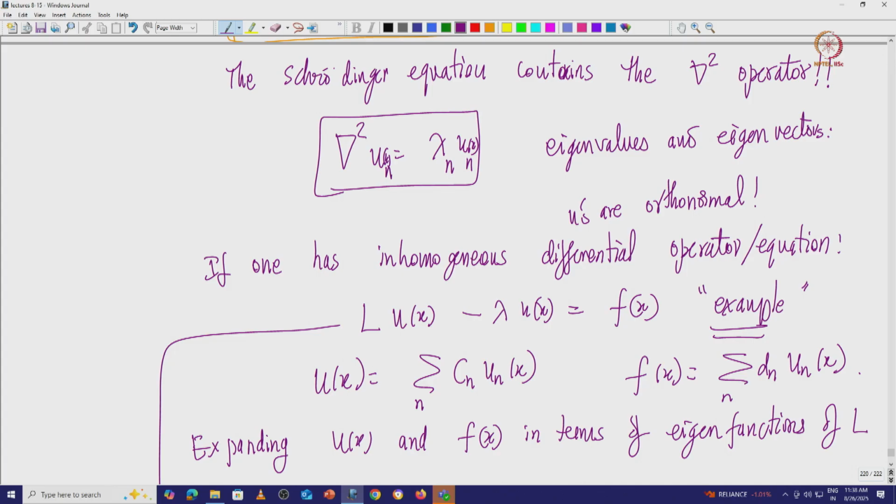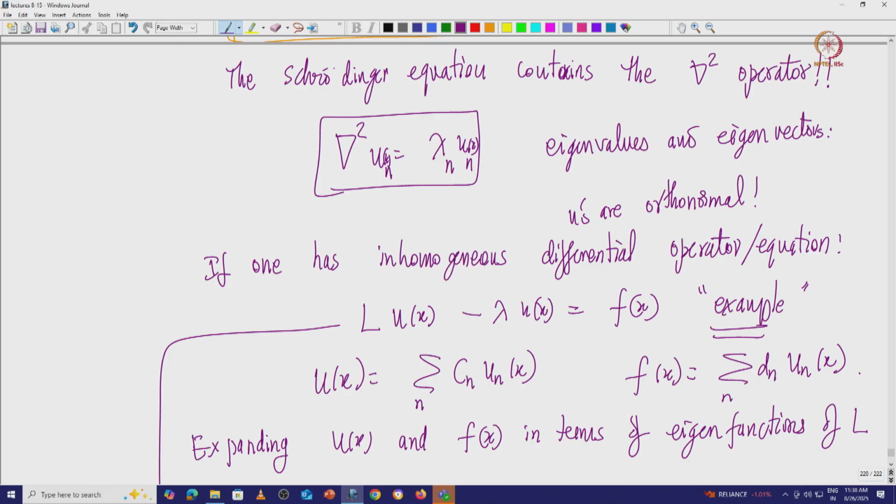Now, if you have a differential operator with an inhomogeneous function, this f of x tells you that it is an inhomogeneous equation: L u of x minus lambda u of x equals f of x.